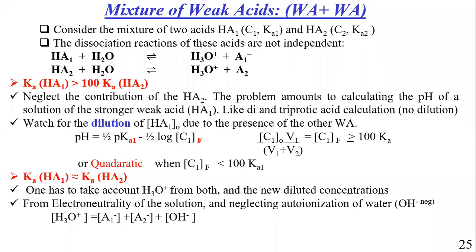And so what I'm allowed to do is simply say that this is negligible, so I could remove the OH minus in solution. And that amounts to this equation here.